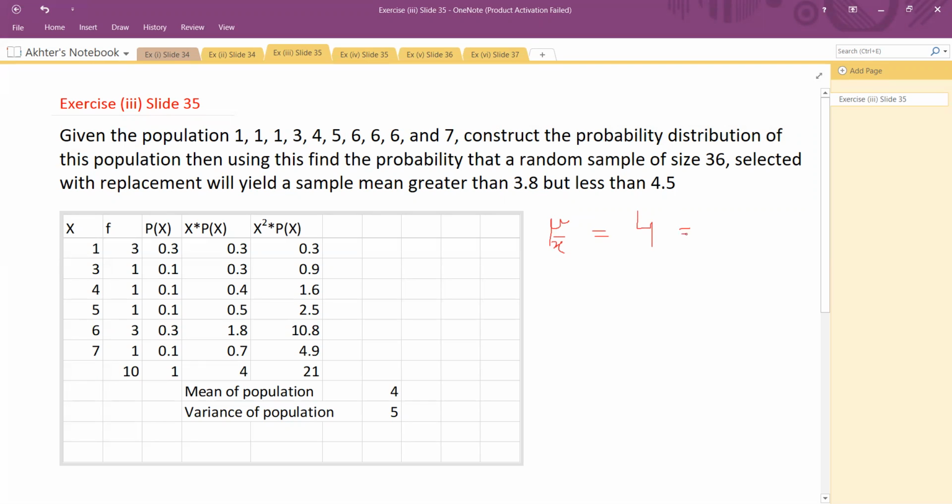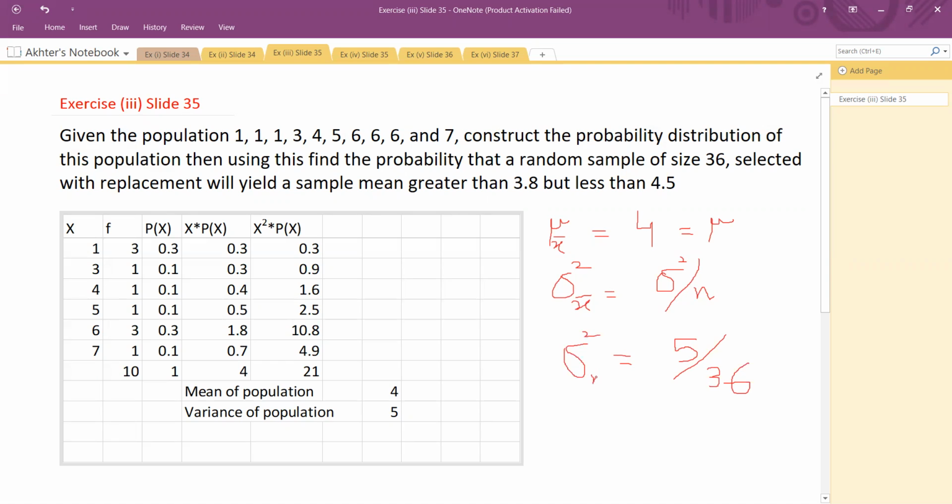According to the second theorem, the variance of the sampling distribution of mean in case of sampling with replacement is sigma squared upon n. Here sigma squared is 5 and the sample size is 36, which is given. So this is the variance of the sampling distribution of mean.